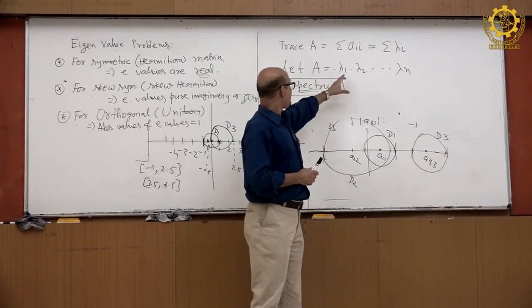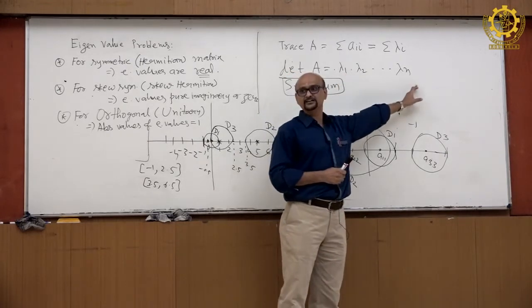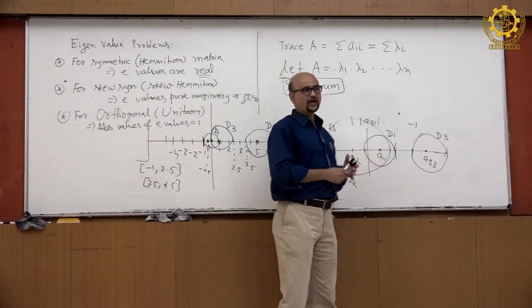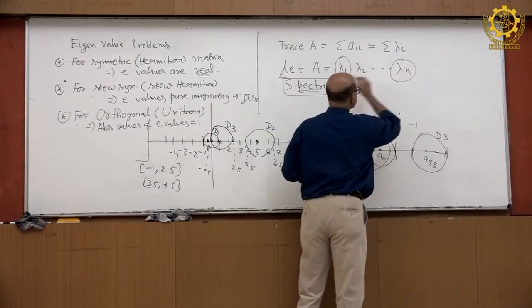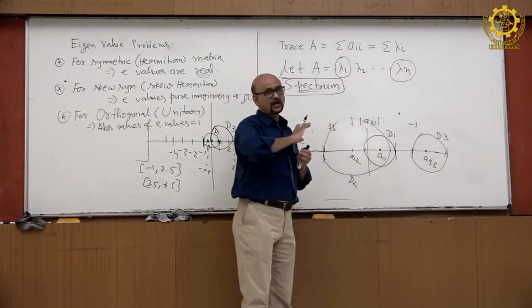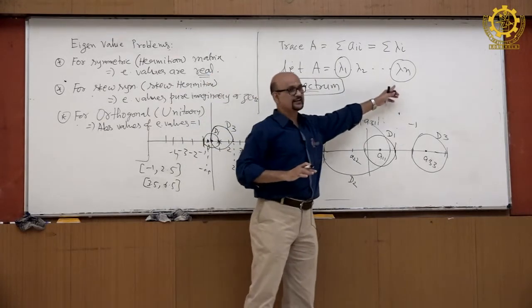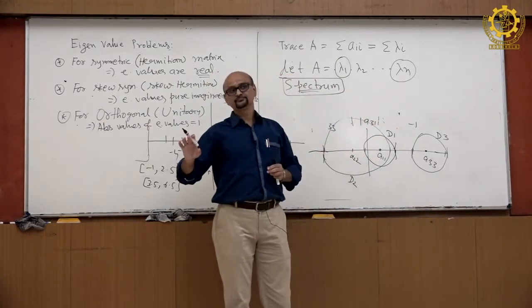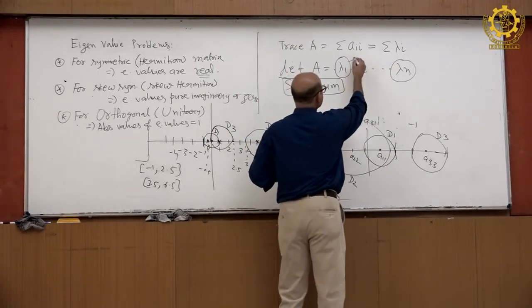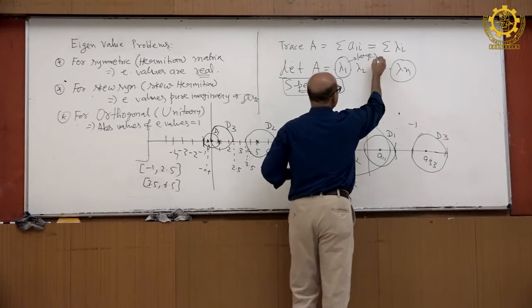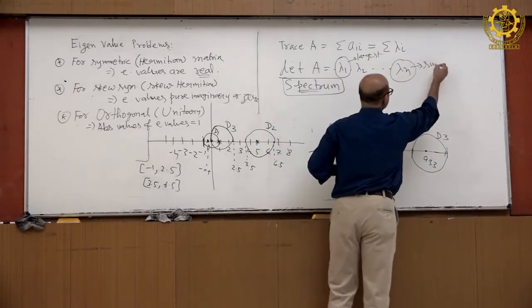Suppose I have lambda 1 to lambda n, the eigenvalues. After finding them, I arrange them in increasing or decreasing order, any order. So this is the largest one maybe, and this is the smallest one.